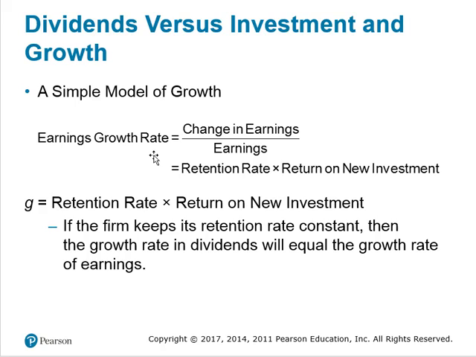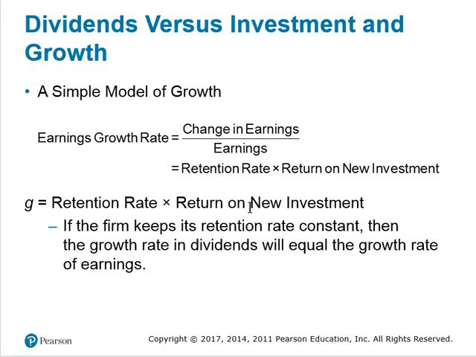So the earnings growth rate is the change in earnings divided by the earnings. Ultimately, that boils down to the retention rate times the return on new investment. So in our formula for dividend valuation, the g is the retention rate multiplied by the return on the new investment.